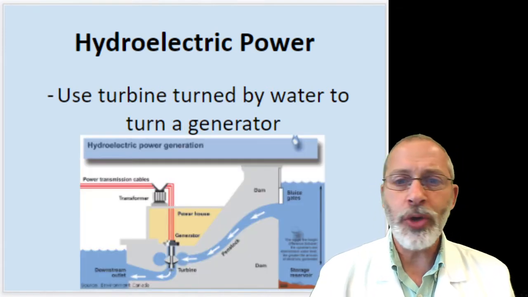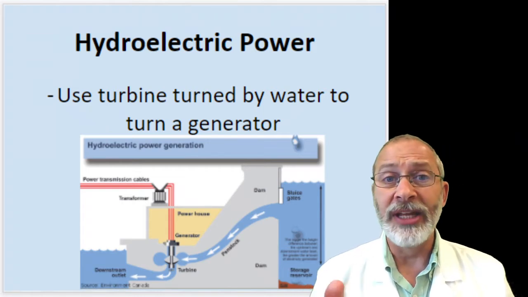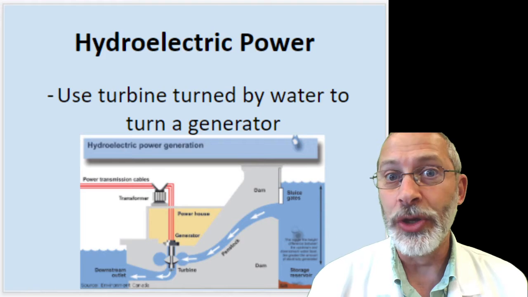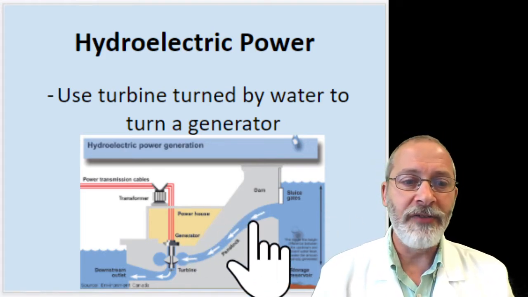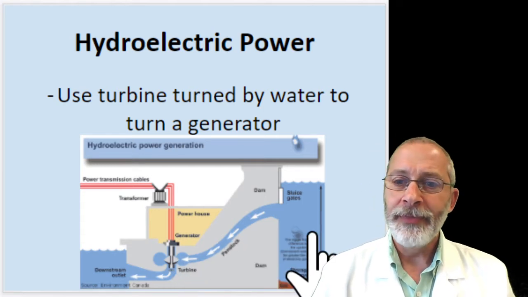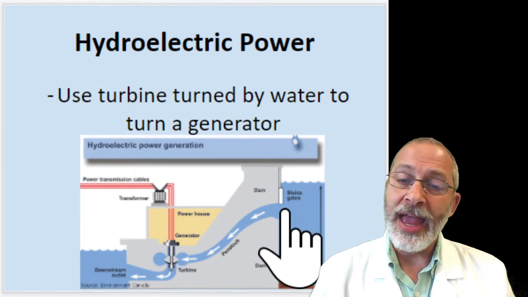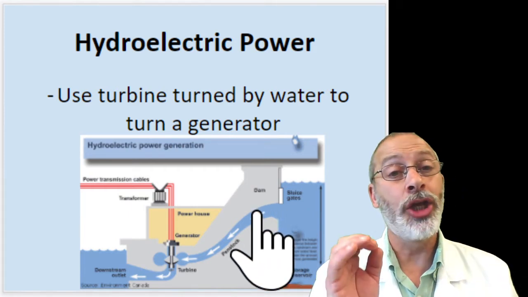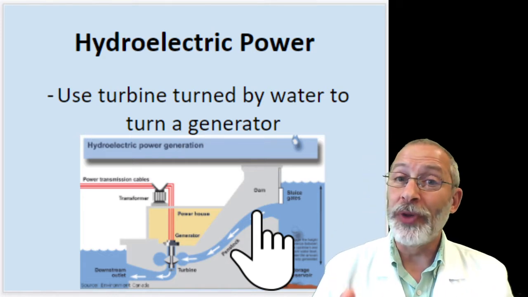So hydroelectric power, if we were to look at a cross section here, and again, I'll be linking you to some videos that show this remarkably well. So here we have a typical dam. Behind the dam, we build an artificial reservoir, and the water is allowed in a controlled fashion, which doesn't happen with wind.